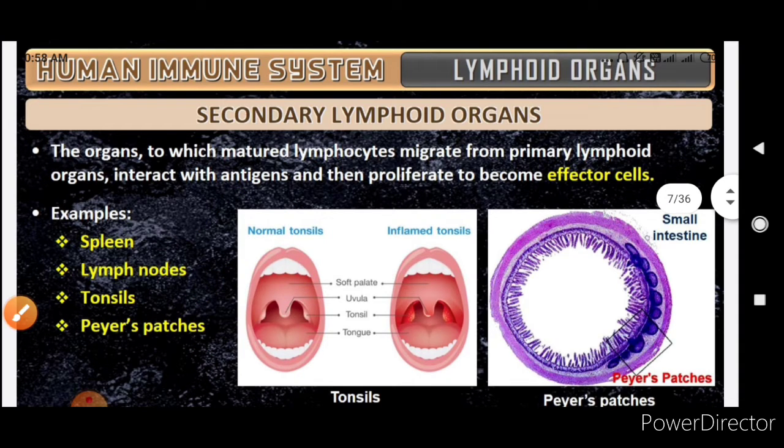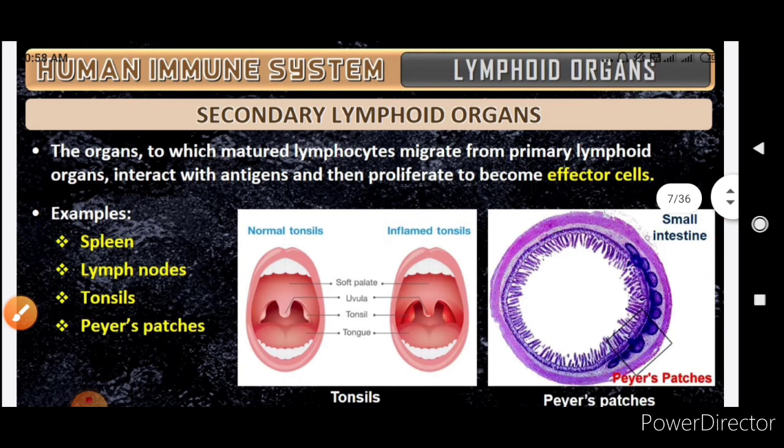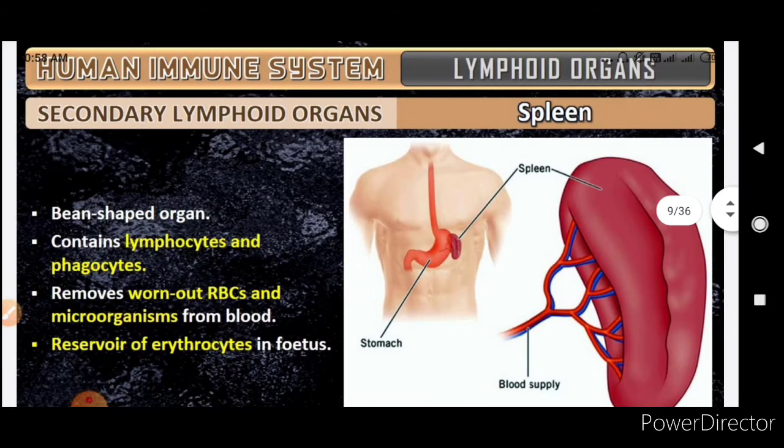You can see in the diagram the tonsils, and these are the Peyer's patches in the small intestine. Others are mucosa associated lymphoid tissue and the appendix.